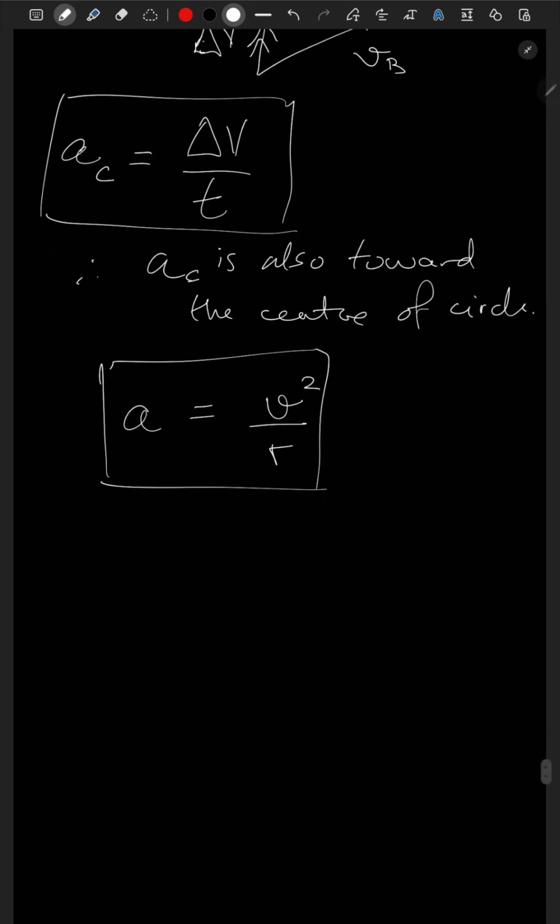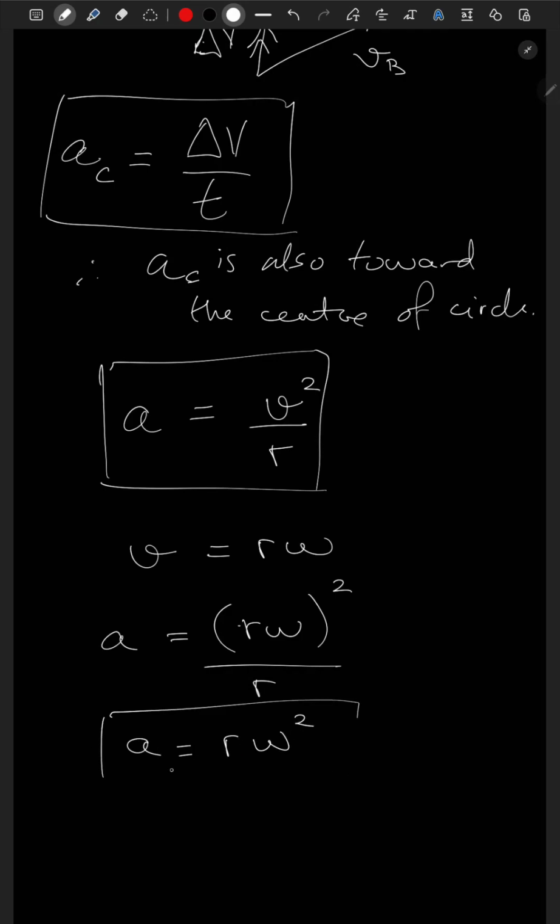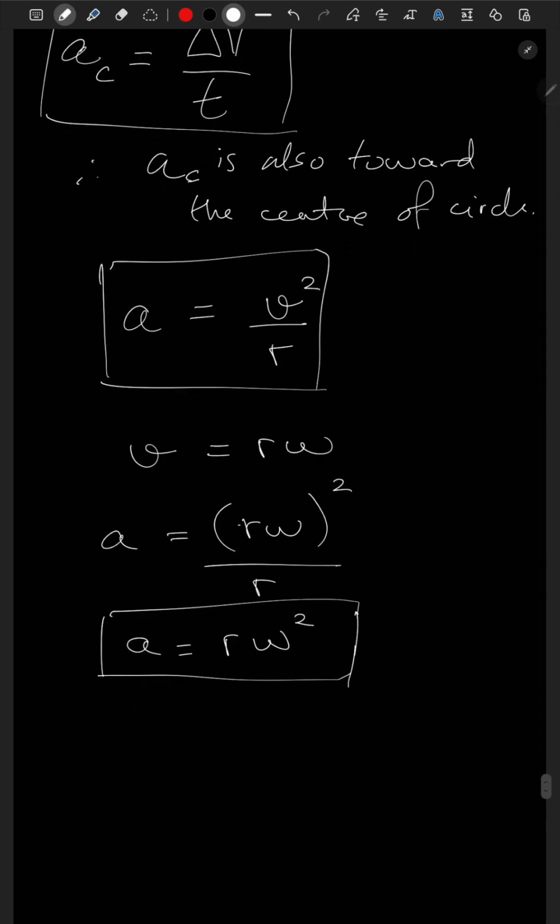But also you know that v is r times the angular speed, and therefore you can replace v in this equation, giving omega squared r squared divided by r, which will give you r omega squared. So this is also a formula for centripetal acceleration.